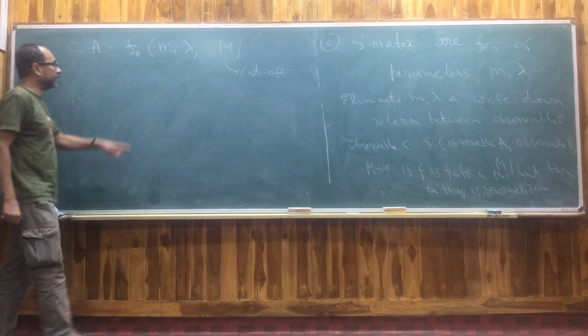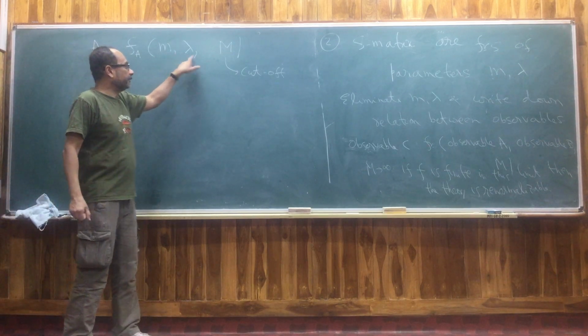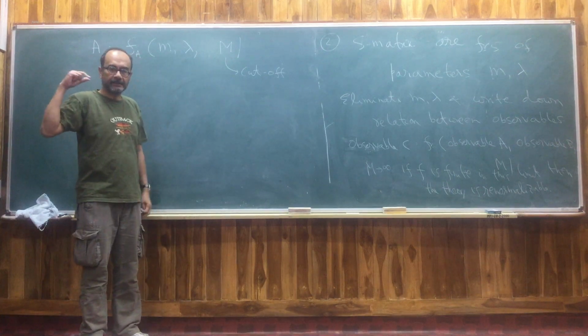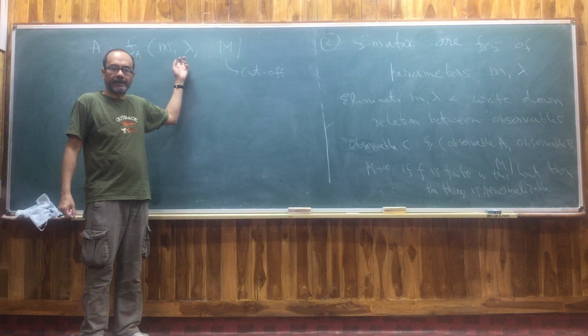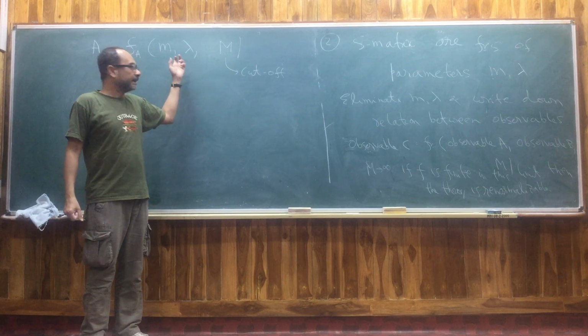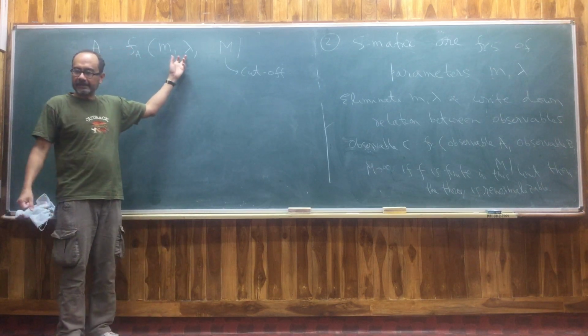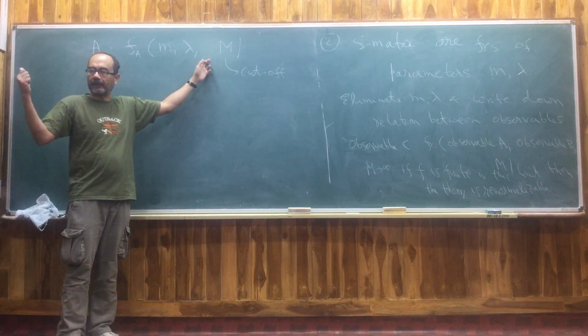Our problem is that if we keep m and lambda fixed and take capital Lambda to infinity, then this function is divergent. That's the meaning of the original expression being ultraviolet divergent. And if we keep these parameters fixed, then the cutoff cannot be taken to infinity.